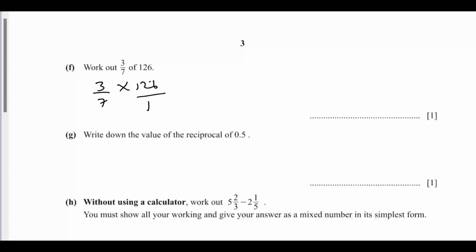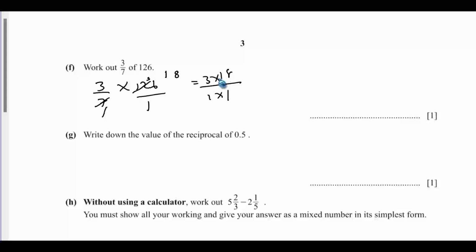So 7 goes in 12 once. Remainder 5. So put the 5 here to make 56. 7 goes in 56 8 times, as 7 times 8 gives 56. So that means 7 can go in 126, and it goes in itself once. So we are left with 3 times 18 over 1 times 1. So this will give us 54.